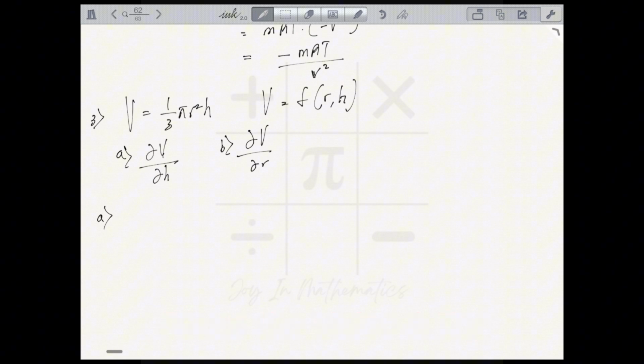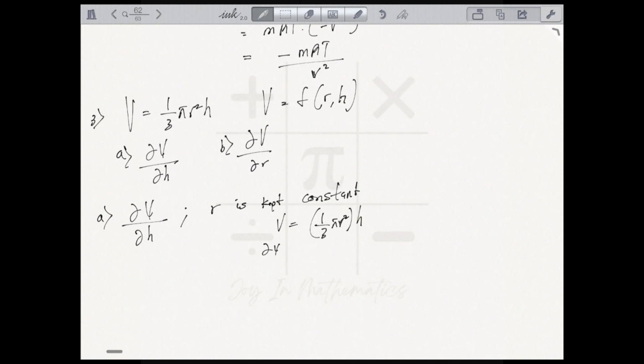Now let's begin with the partial derivative of V with respect to h, and in this case our r is kept constant. Therefore, we can write our expression of V to be 1 over 3 pi r squared as a constant multiplied by h.